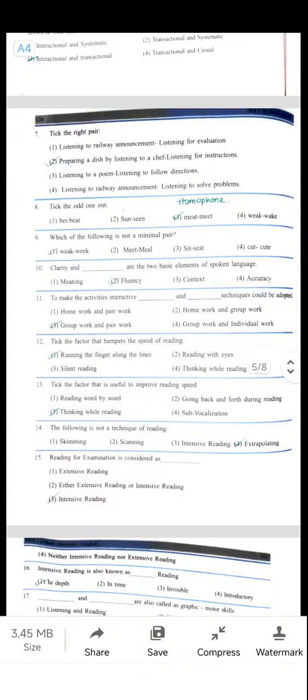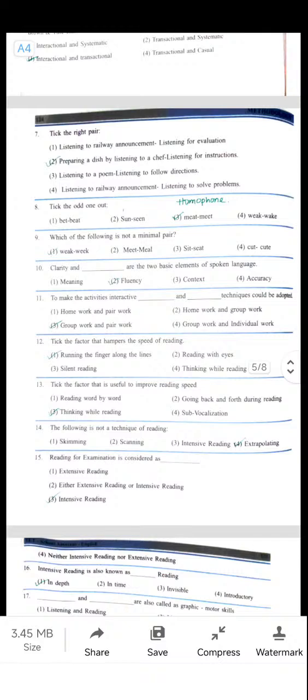Which of the following is not a minimal pair? Weak and week: one is the weakness of our body, and the second is a week of seven days.